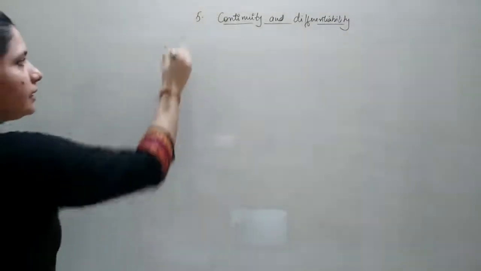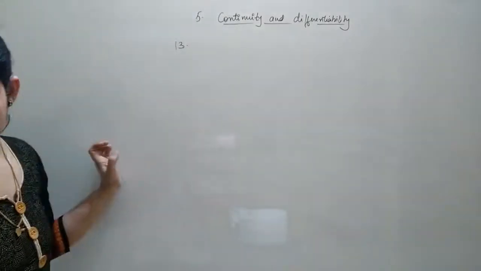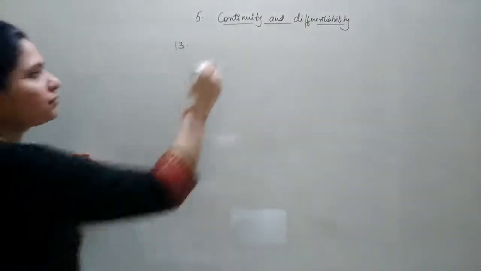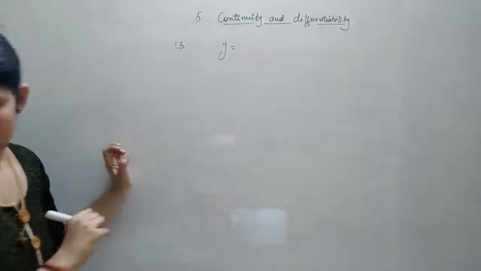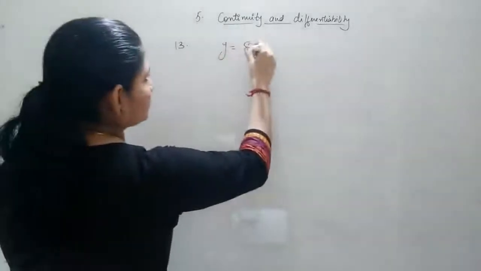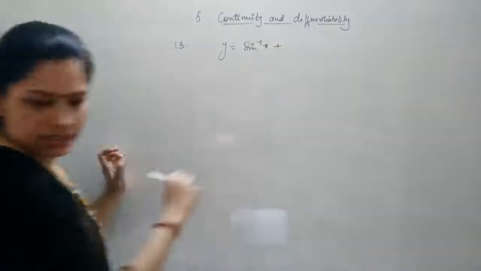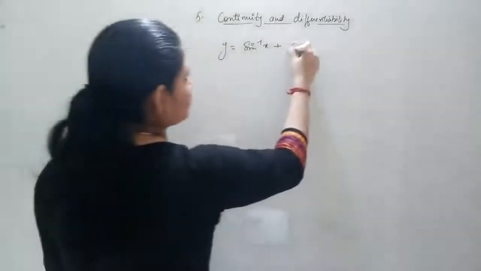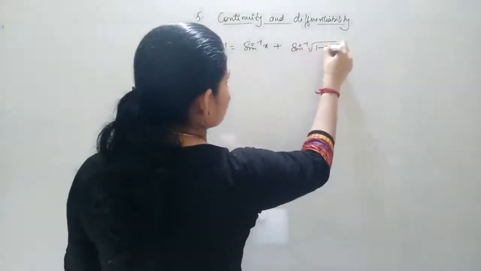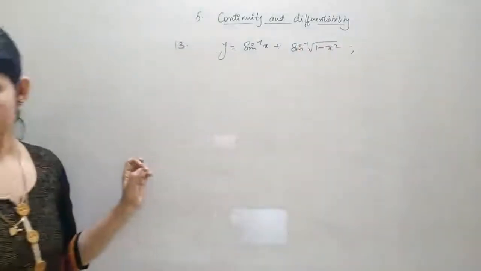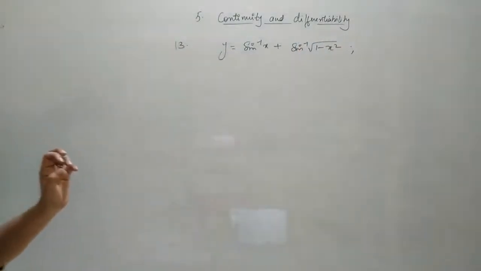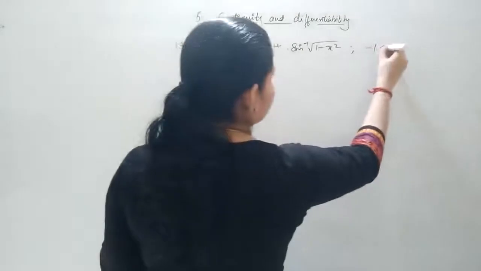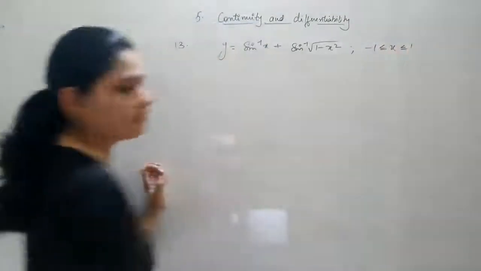Next is the 13th, which is find dy by dx if y is equal to sin inverse x plus sin inverse of root of 1 minus x square, where the condition for x is minus 1 less than or equal to x less than or equal to 1.